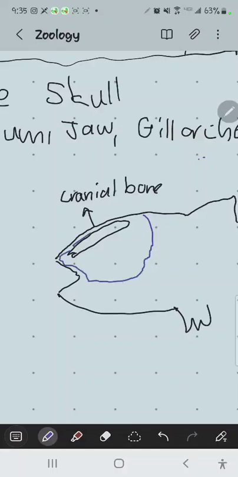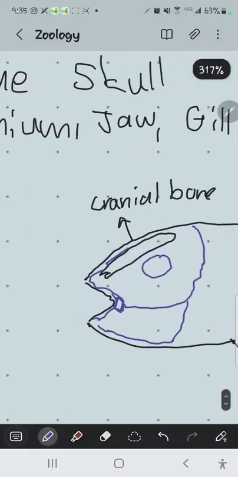In the case of a bony fish, the mandible, the mandibular arch, is now reduced down to just the little hinge that goes between the upper maxillary bone and the lower mandibular bone.